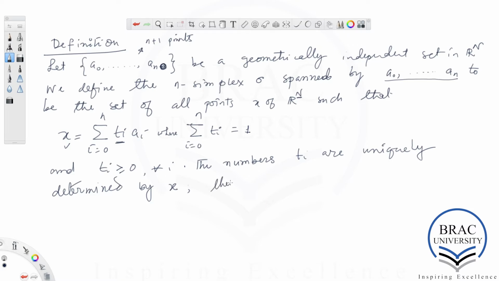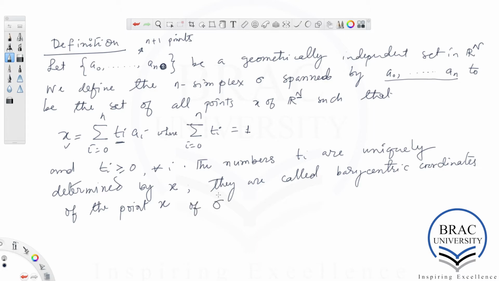They are called the barycentric coordinates of the point x of the simplex sigma with respect to these n plus 1 points, sorry, not n points.